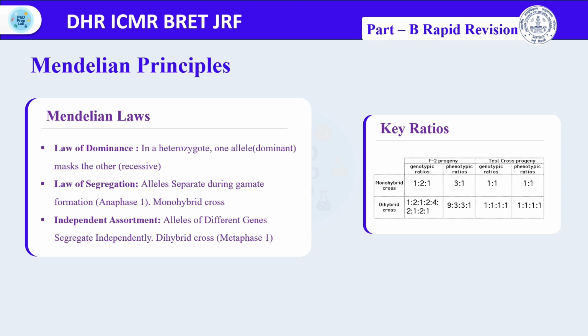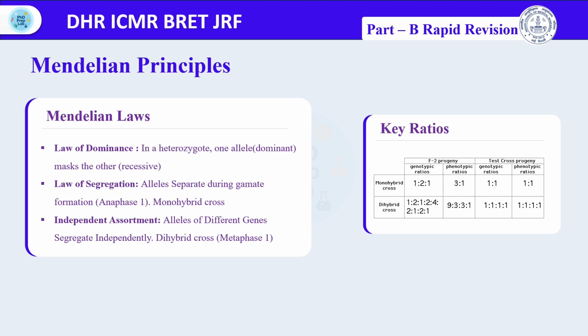So you have the key ratios here. Remember them, and also make sure that you know what they are asking, whether they are asking for the genotypic ratio or the phenotypic ratio. For a monohybrid cross, you have the genotypic ratio 1:2:1 and the phenotypic ratio 3:1. Now, test cross progeny ratios are also given. It's always going to be 1:1 or 1:1:1:1.